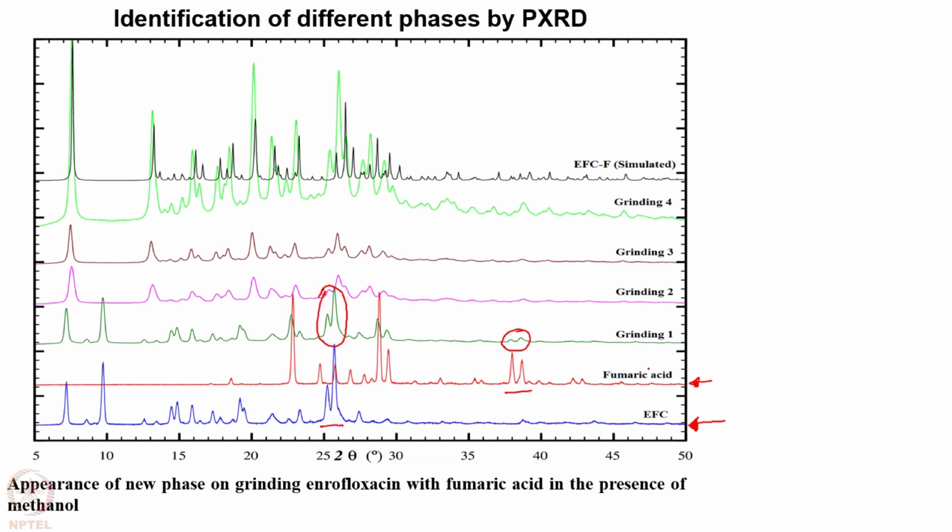And when we are doing this grinding experiment a few times, what we see is that slowly the peaks of the drug are disappearing. See, this is a peak of the drug. That peak has totally disappeared here, there, and that's it.